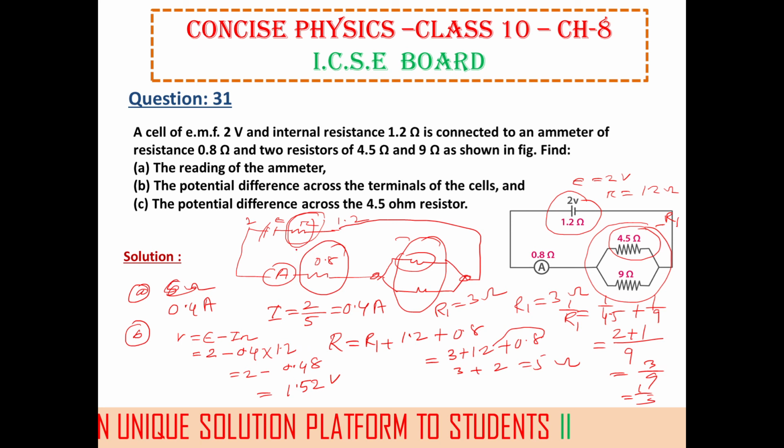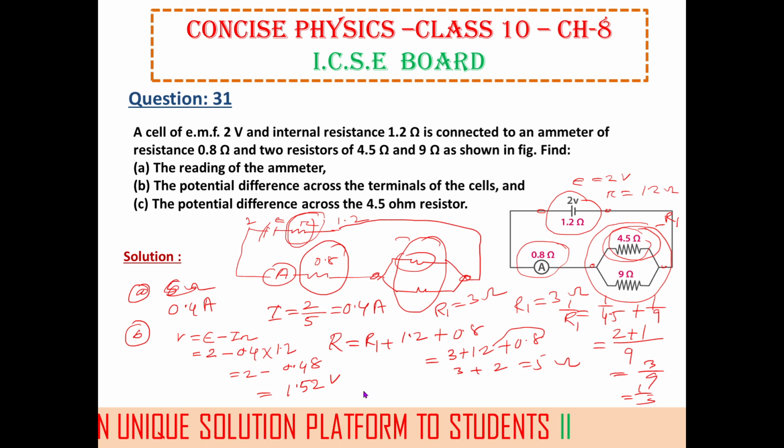Now you can do it directly because the potential difference across the battery was 1.52 volt. So here is a loss in the ammeter. If I deduct the loss in the ammeter, we will get the voltage across this resistance. So let us do it.